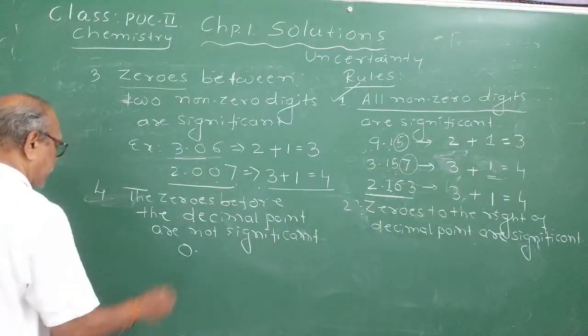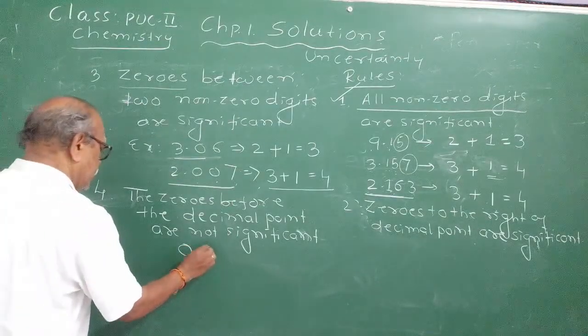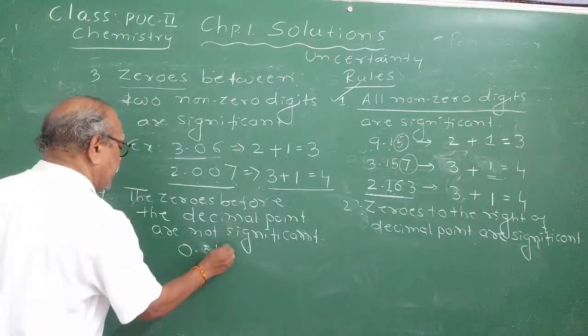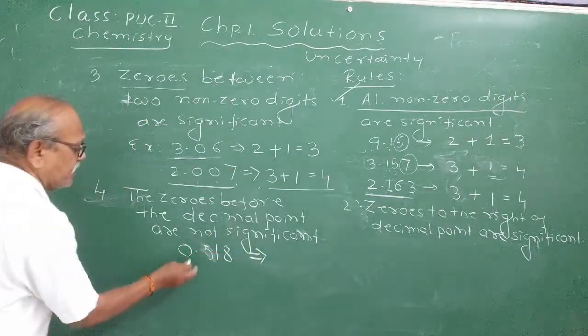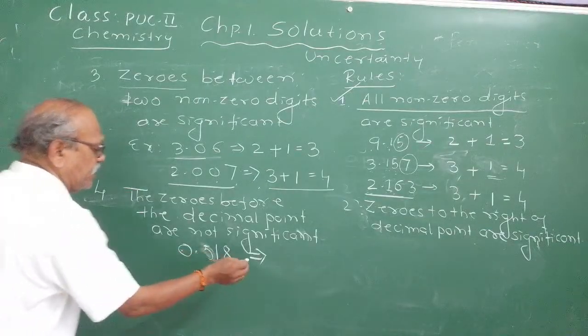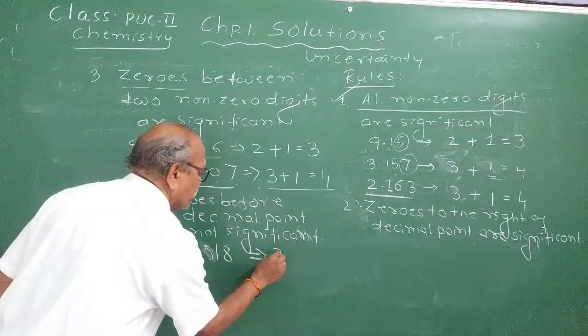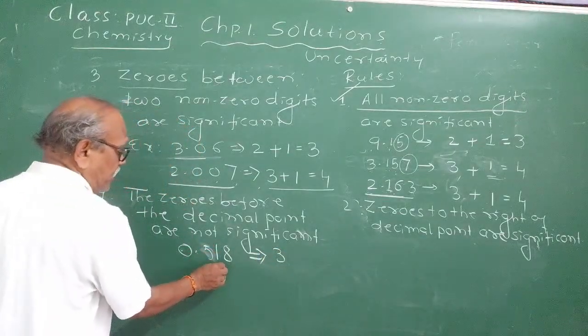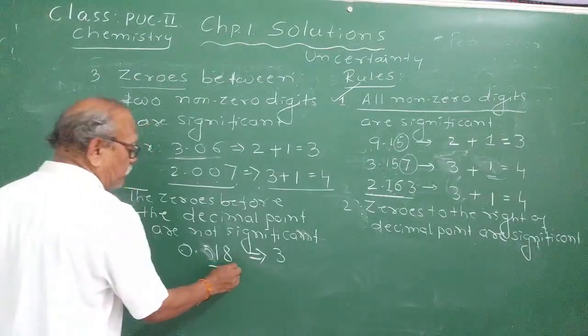For example, if I write 0.518, how many significant figures are there? So this particular 0 before the decimal point is not counted, and the significant figures are 3 only. Again, in that these two will be certain, one will be uncertain.